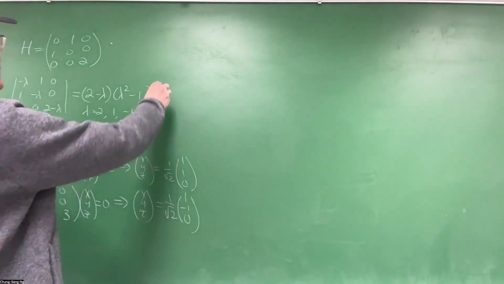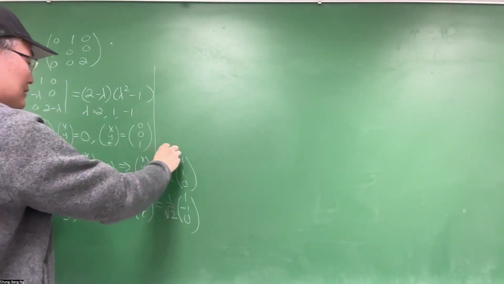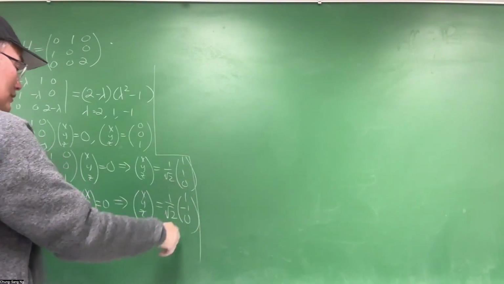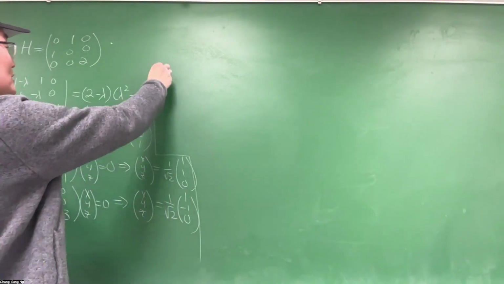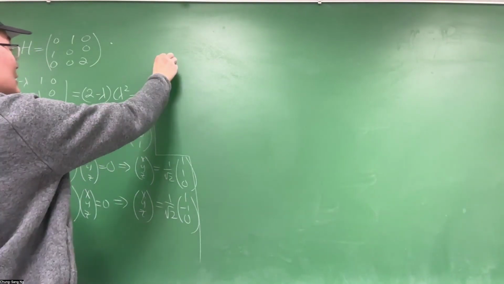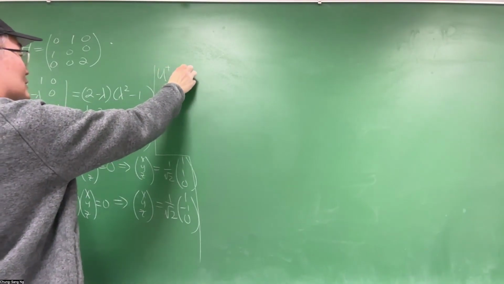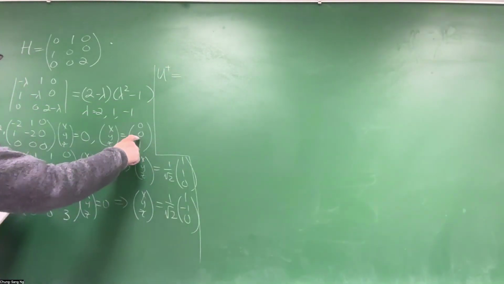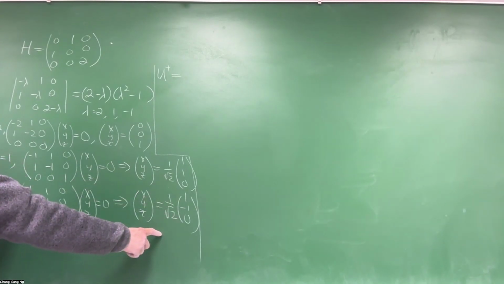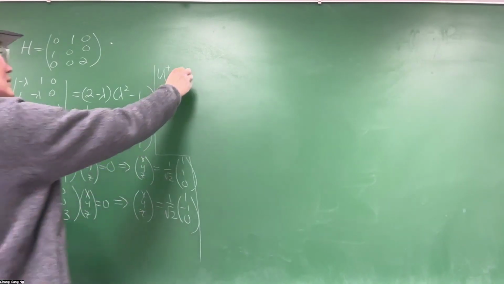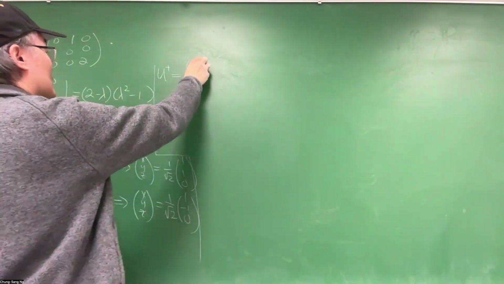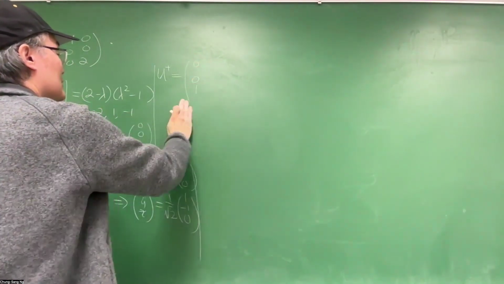Okay, now the procedure to diagonalize the H is choosing U. U dagger is just putting all these column vectors together. So the first one is 0, 0, 1.